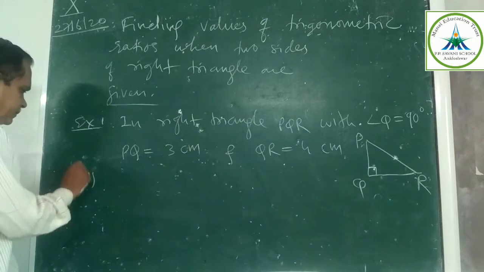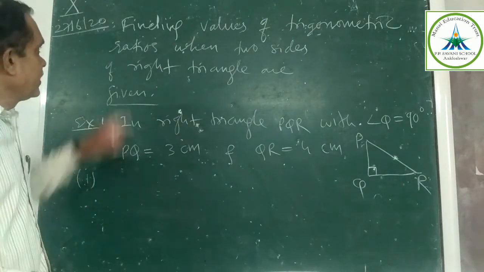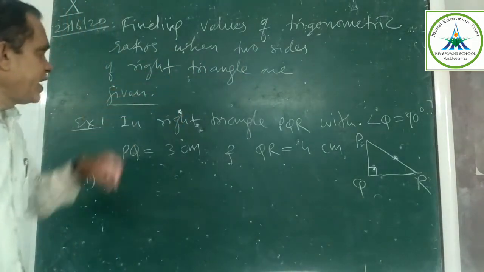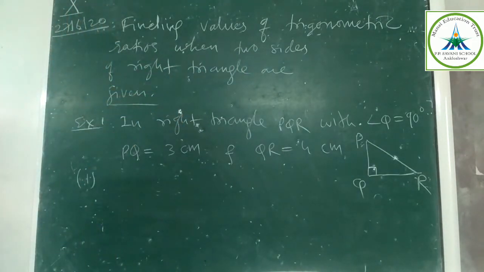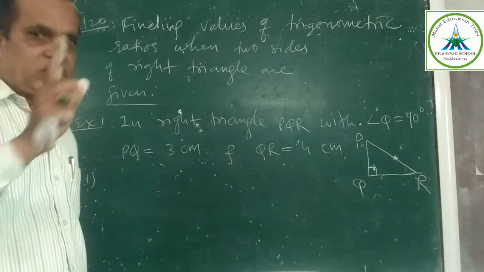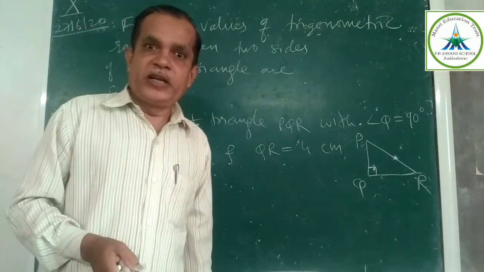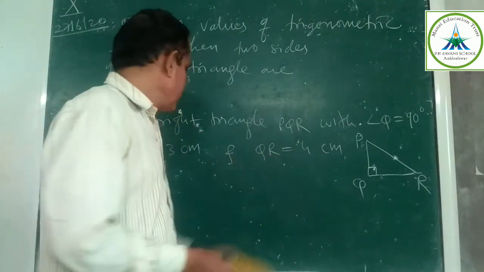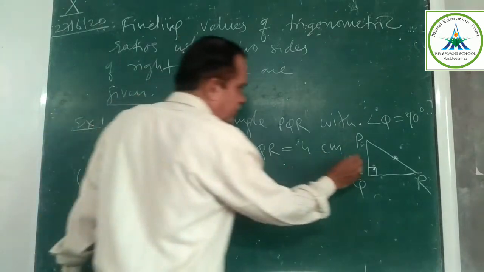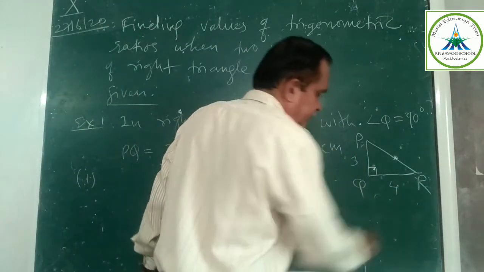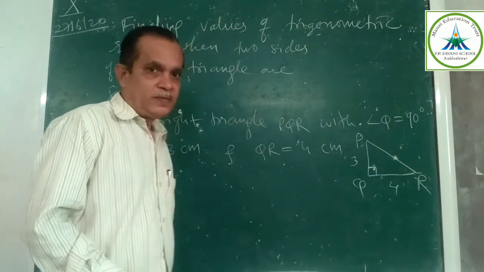Now let us take first. You are asked to write finding values of trigonometric ratios when two sides of a right triangle are given. So if two sides of a right triangle are given, only two sides are not sufficient to find trigonometric ratios. We need all three sides. Yes or no? If two sides are given, let us say PQ is 3 cm, QR is 4 cm, then we can find PR.